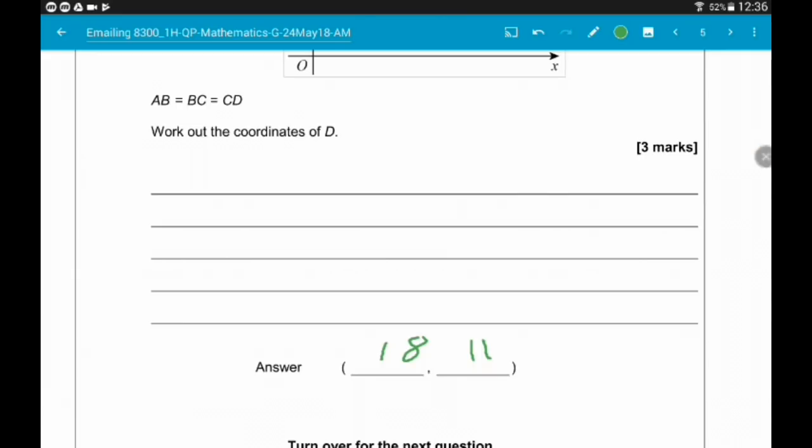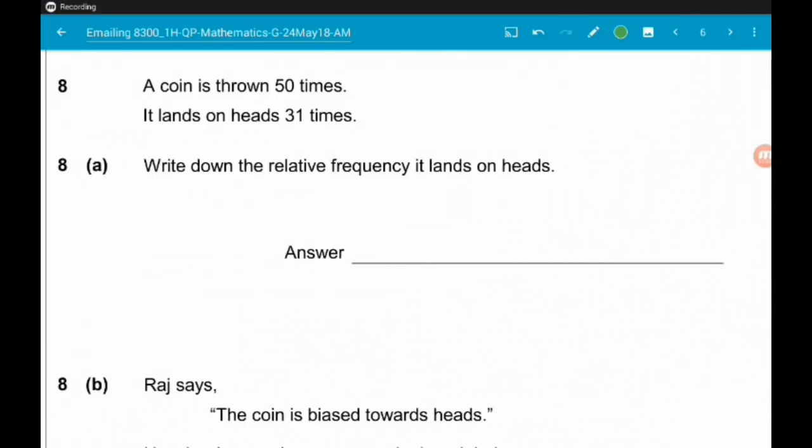Okay, question 8. A coin is thrown 50 times. It lands on heads 31 times. Part A wants us to write down the relative frequency of getting a heads. So relative frequency means the number of times a certain thing happens out of the total number of times you do the thing.